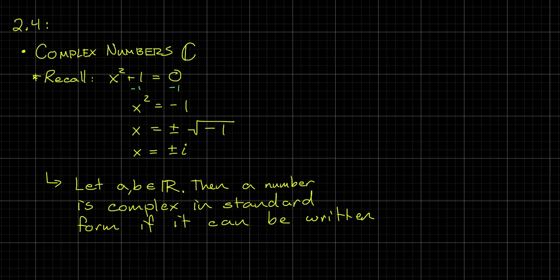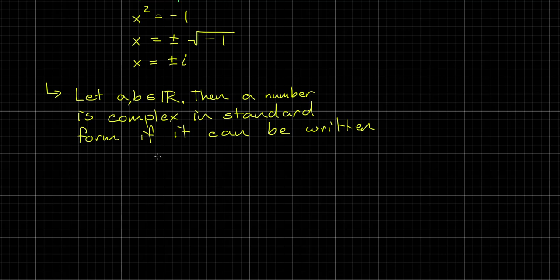It is a complex number if it can be written a plus bi. This is a complex number.